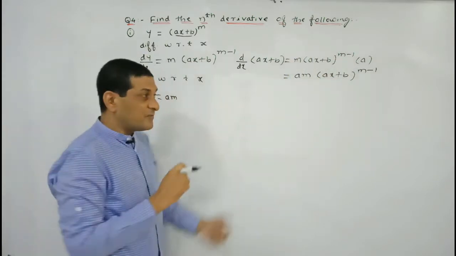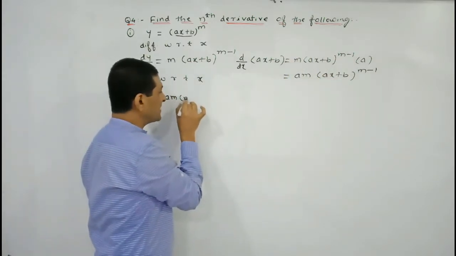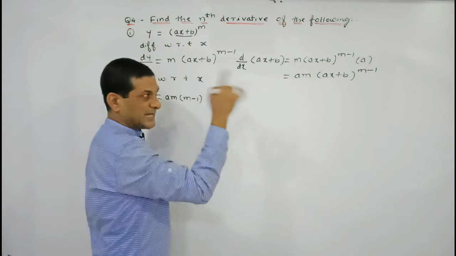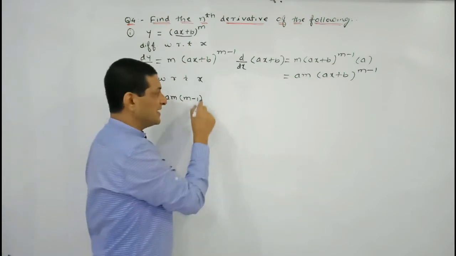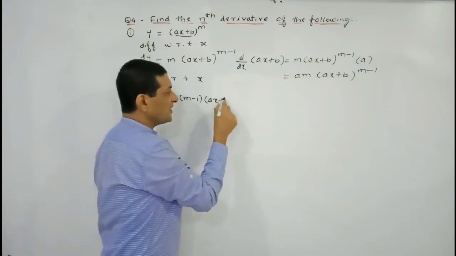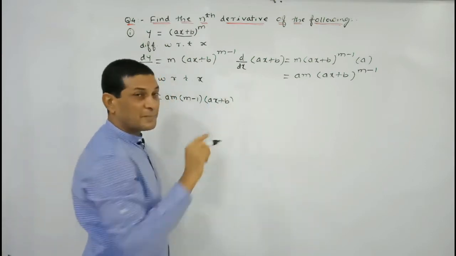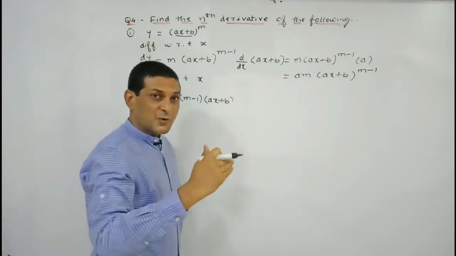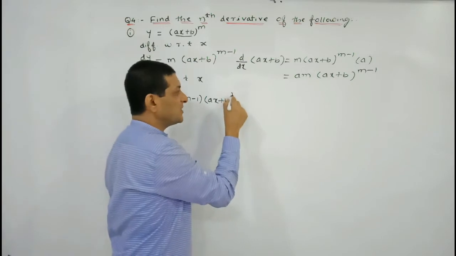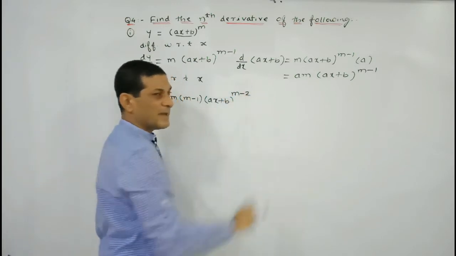First take the power of f of x as a coefficient. What is the power here? M minus 1. We have taken the power as a coefficient, then decrease the power by 1. So we are decreasing the power of ax plus b by 1. What is the power here? M minus 1. If we are decreasing it by 1, then m minus 1 will become m minus 2.